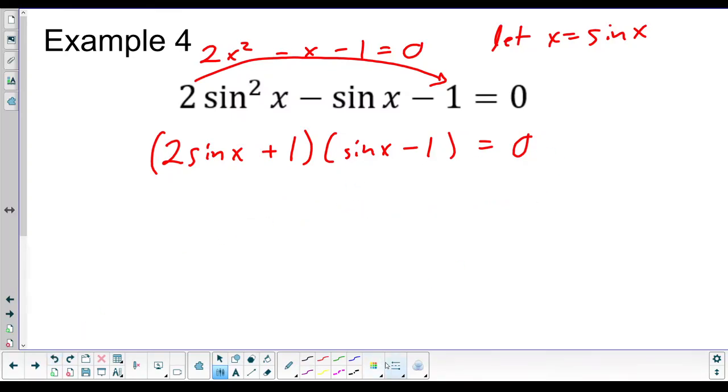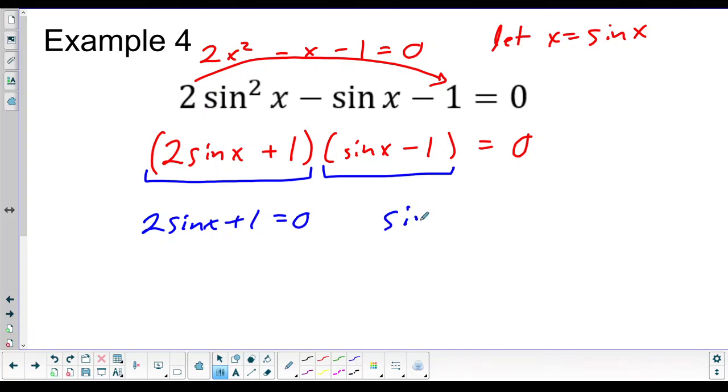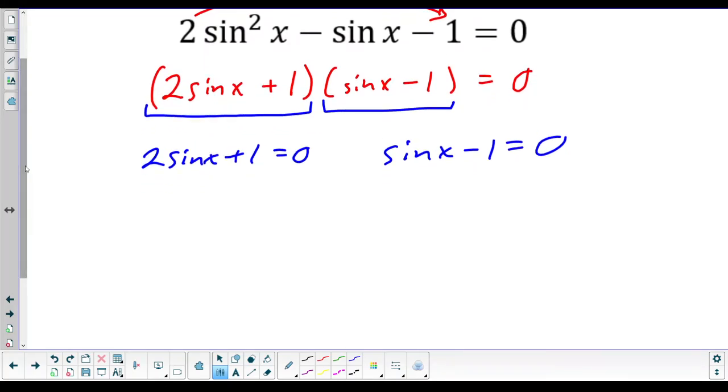Now what we're going to do is the same thing we do in any factoring problem: we're going to take our factors and individually set them equal to 0. So we're going to have 2 sine of x plus 1 equals 0, and then sine of x minus 1 equals 0, and we're going to solve both of these equations. On this first one, we are going to subtract 1 on both sides.